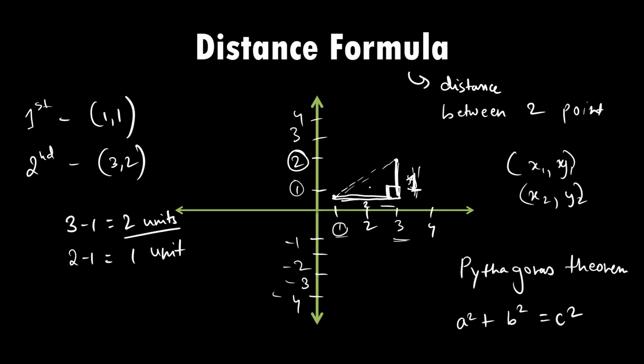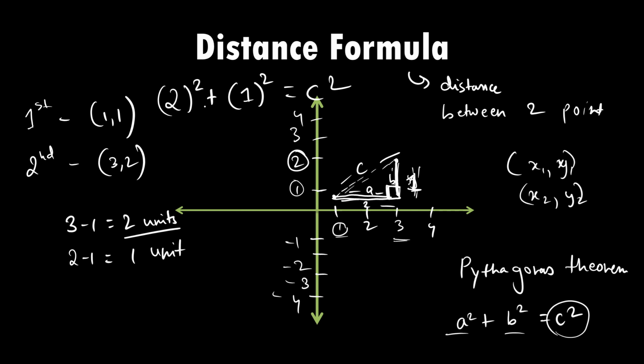Now we know that this is a, b and c. So we know a, b, so we can now find c. So what is a? A is 2, so 2 square plus b, 1 square, is equal to c square. Now let's expand the brackets.